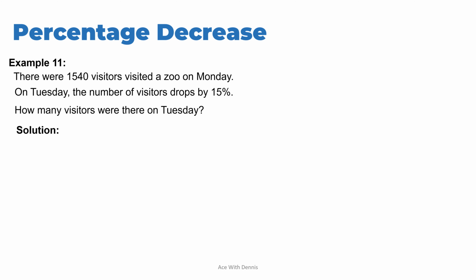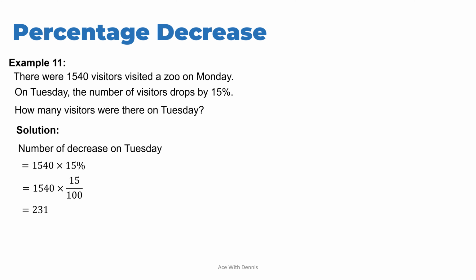Here's the solution. Again, similar to percentage increase, there are two methods we can use to answer this question. Here is the first method. The first step is to find the number of decrease on Tuesday, which is 1,540 times 15%. 15% is 15 over 100, and the result is 231.